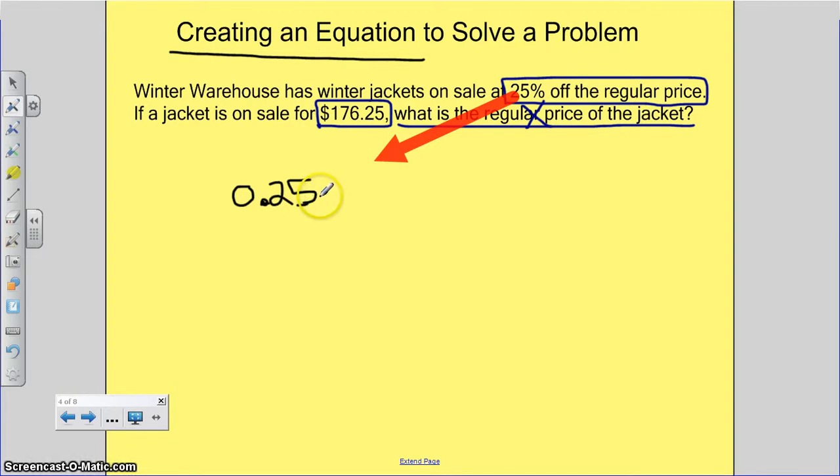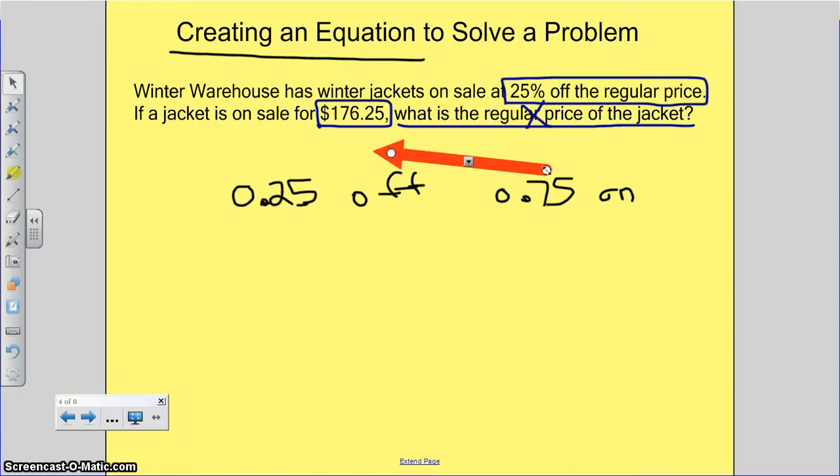Now, that's not as useful, as I said, because 25% off means 75% on, and decimal 0.75. So, really, when we think about it, that 75% is this value here. So 176.25 is 75% of the regular jacket. So really that's the sentence we want to be talking about here.